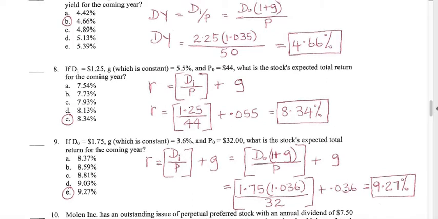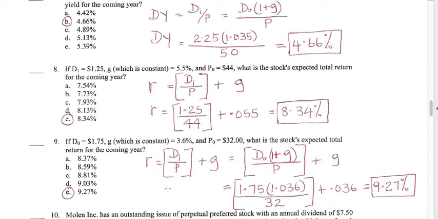In number 9, you're given D0 this time, $1.75. g is equal to 3.6%, and the price of the stock is $32.